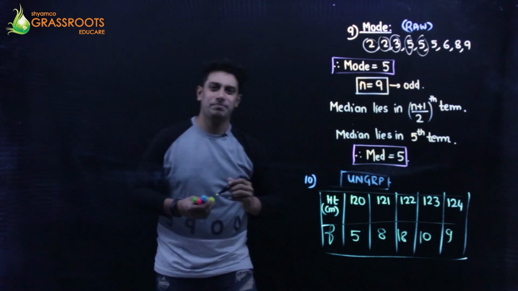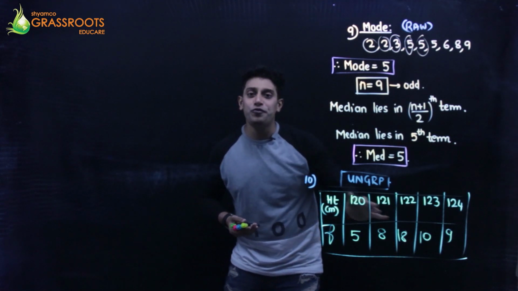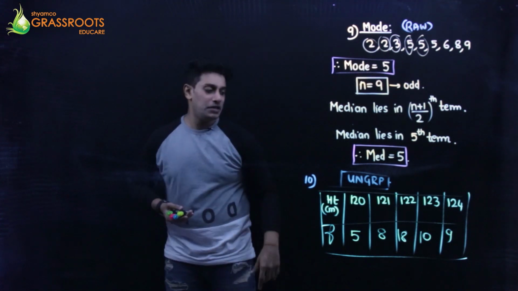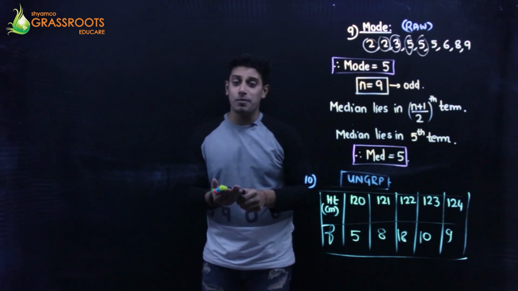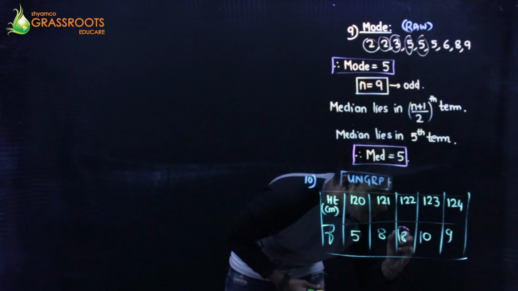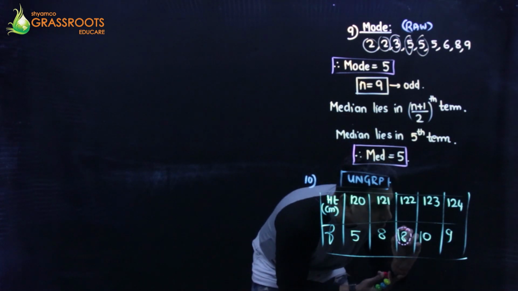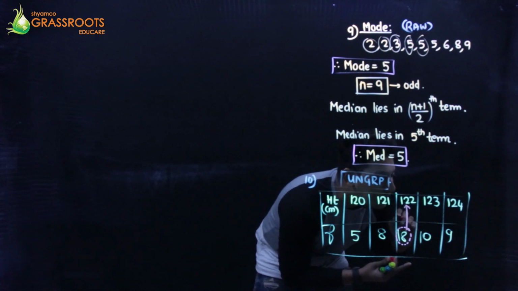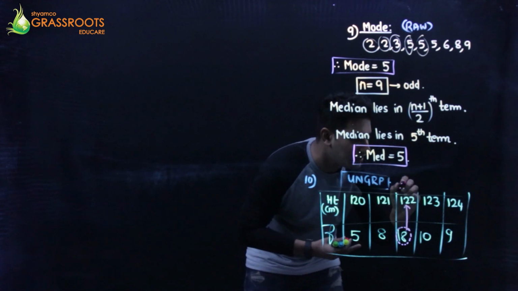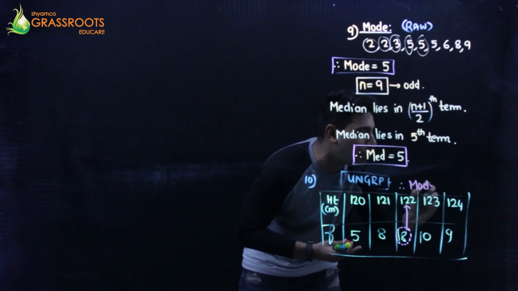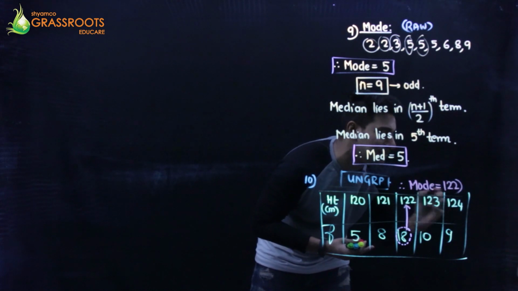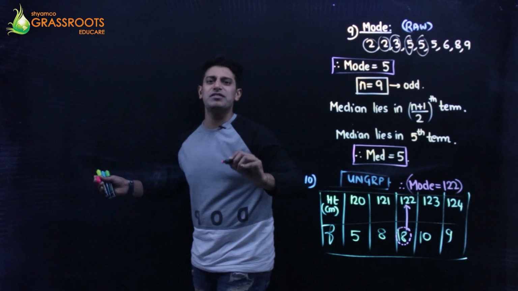This is the frequency. Now, where is the frequency maximum? Can I say the frequency is maximum out here? This is the maximum frequency, 18. This belongs to the class 122. Therefore, can I say that the mode is 122? That's it. Very simple.